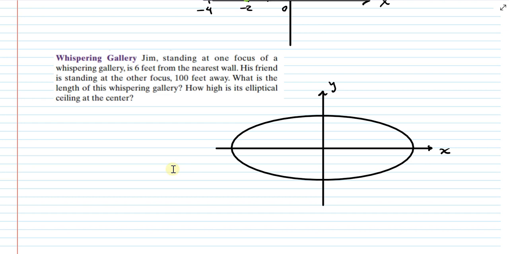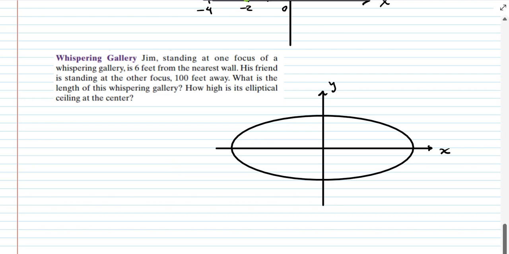An example with whispering galleries. Jim, standing at one focus of a whispering gallery, is 6 feet from the nearest wall. His friend is standing at the other focus, 100 feet away. What is the length of this whispering gallery, and how high is its elliptical ceiling at the center?